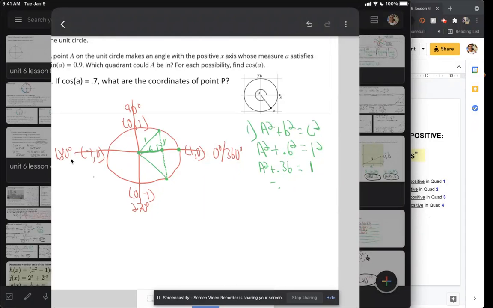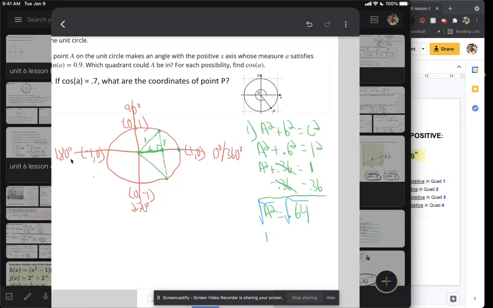I'm going to solve this by subtracting 0.36 from both sides, and I end up with a squared equals 1 minus 0.36. I'm just using the calculator on my phone, which gives 0.64. And to find my a, I'm going to simply square root both sides.